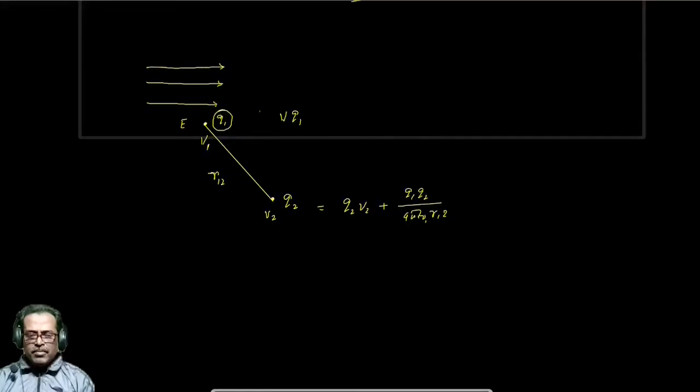Now, if we bring a third charge Q3 at a distance R23 from Q2 and R13 from charge 1, the potential at this point is V3.